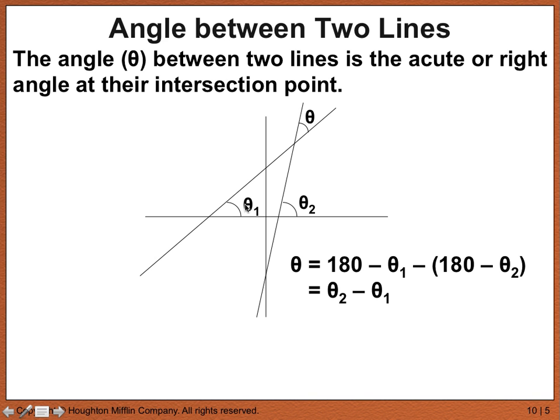So to put theta in terms of theta 1 and theta 2, I need to remember that this angle here that I'm pointing to right now is equal to theta because vertical angles are equal. And also this angle here, which is right next to theta 2 and is part of the triangle, is the supplement of theta 2, and so it equals 180 minus theta 2.